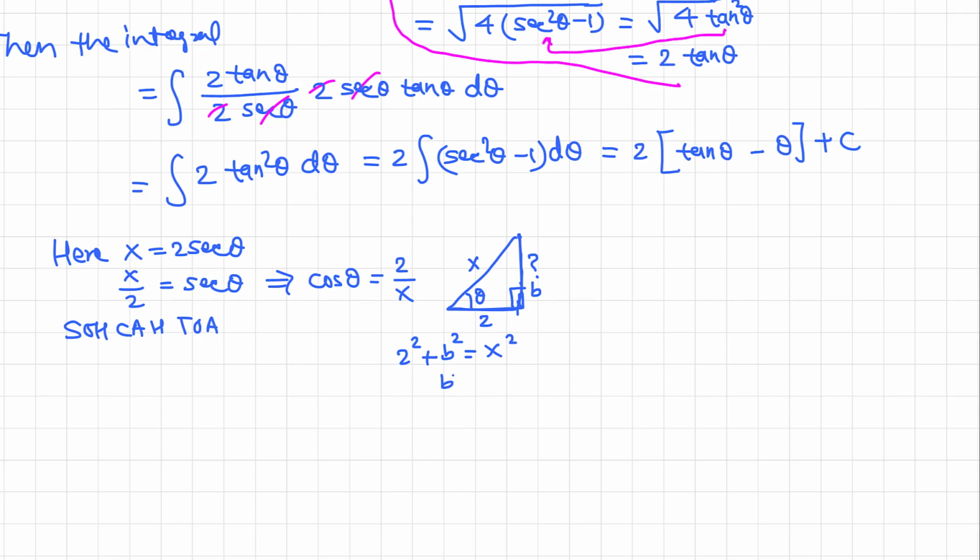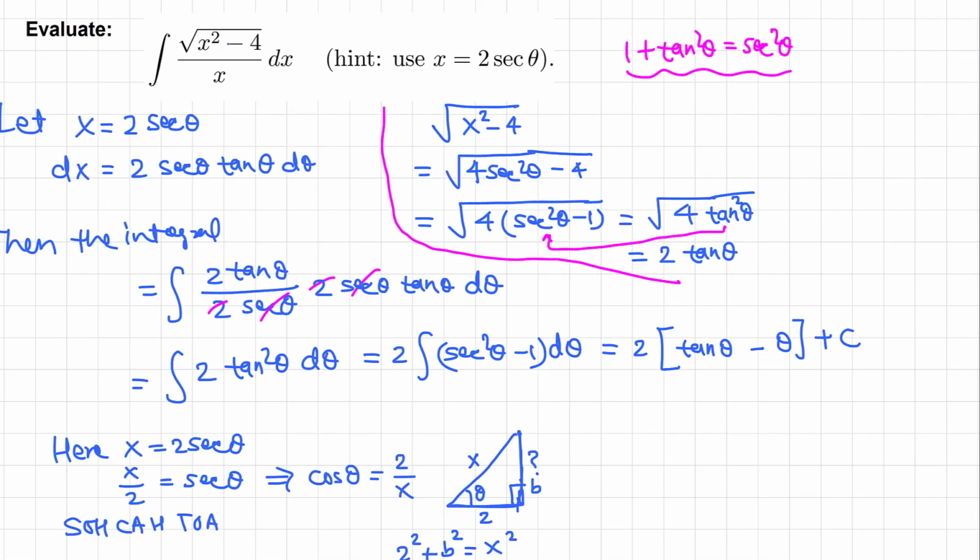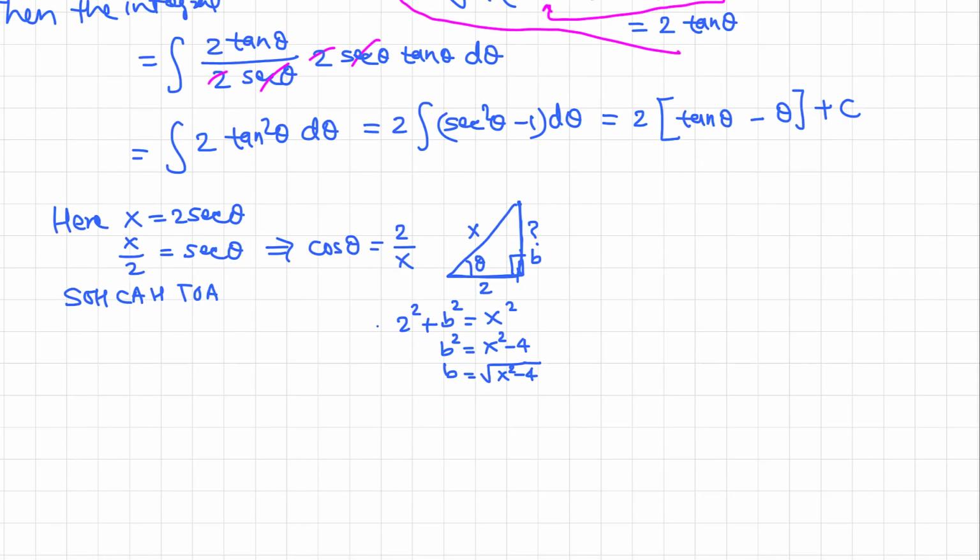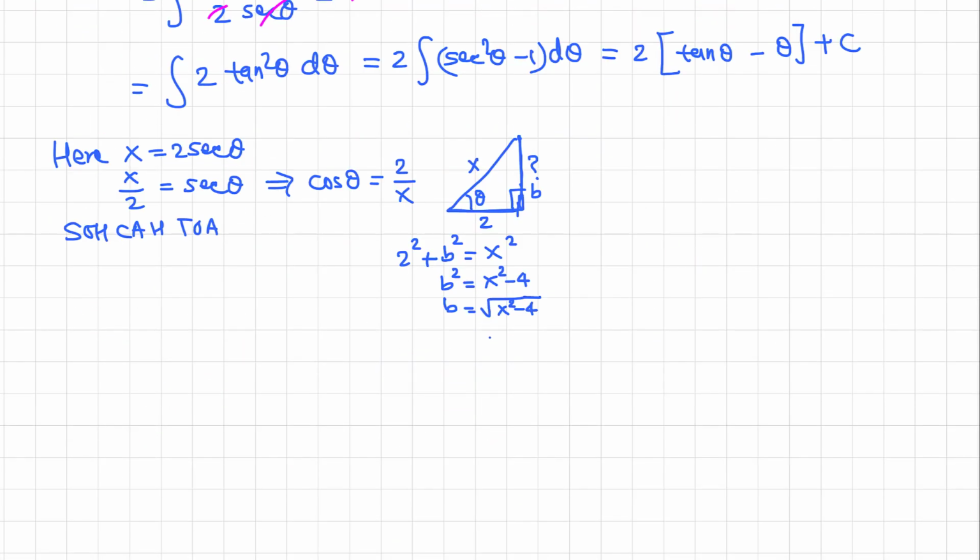Subtract 4 from both sides, so b will be the square root of x squared minus 4. And this radical should be related to the question. So we found all 3 sides of this right triangle.